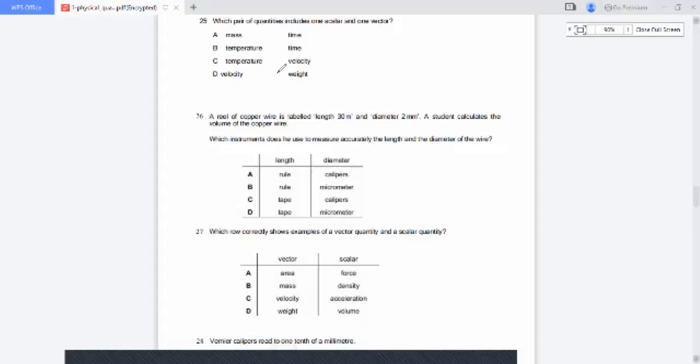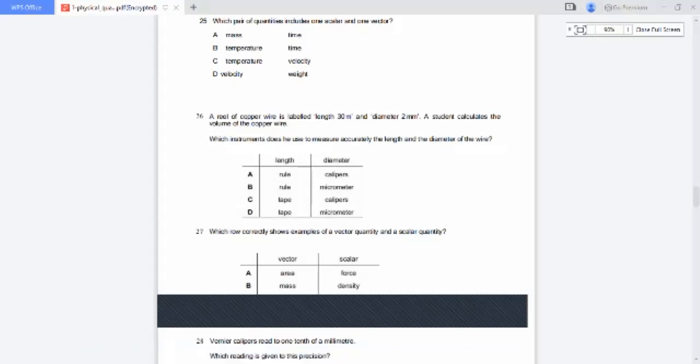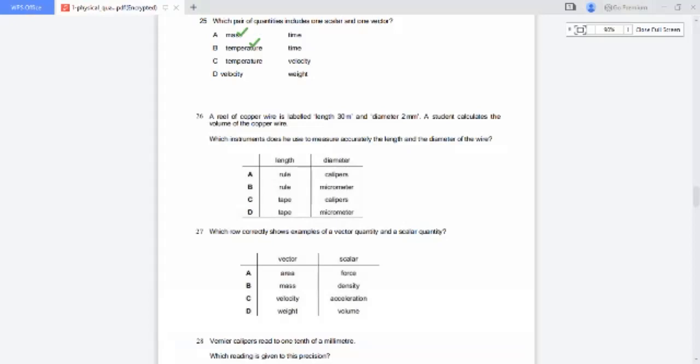Question 25. Which pair includes one scalar quantity and one vector quantity? Mass is a scalar quantity, temperature is a scalar quantity, velocity is a vector quantity. So these are scalar quantities. And on the right side, time is a scalar quantity.